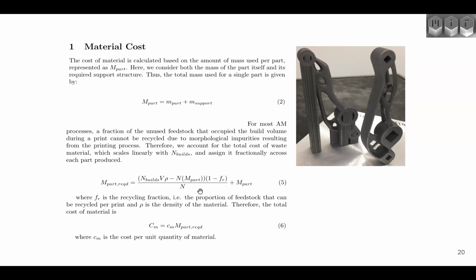But then the second formula is getting a little bit more complicated because it's saying, hey, wait a second, there's other material loss in the process. And this example is a laser powder bed fusion one, which has a very particular type of material loss called spatter and other effects. As you have a melt pool, some of the particles, even though they are not melted in the melt pool and don't constitute your part, get damaged in some way.